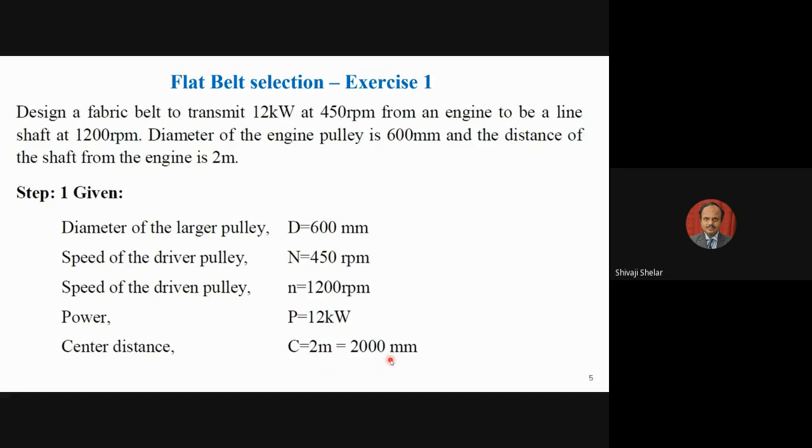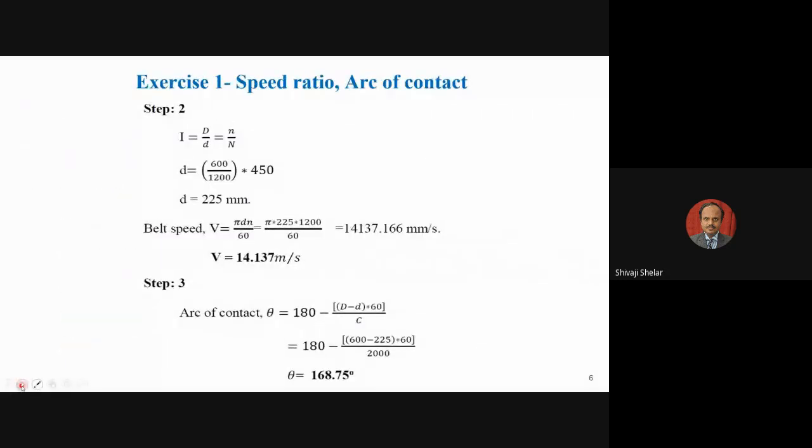With this given data, let's go and do the calculation. The next step is to determine the speed ratio. So step 2, we are determining the speed ratio and arc of contact.